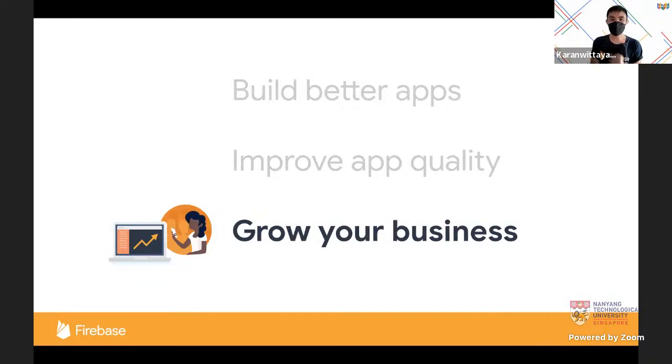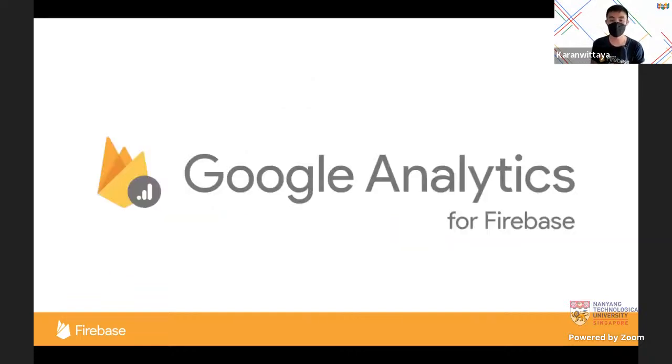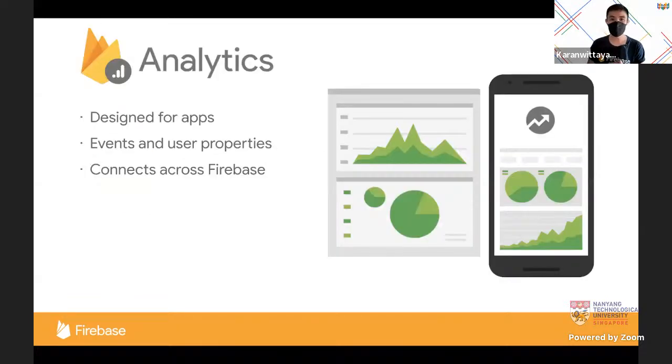The last area that I'm going to tell you about today is growing your business. There are many kinds of features that help you grow your business, know your users, and earn more money. The first one is Google Analytics for Firebase. It is built for applications, especially Android, iOS, and Flutter apps also. It focuses on user events and user behavior.